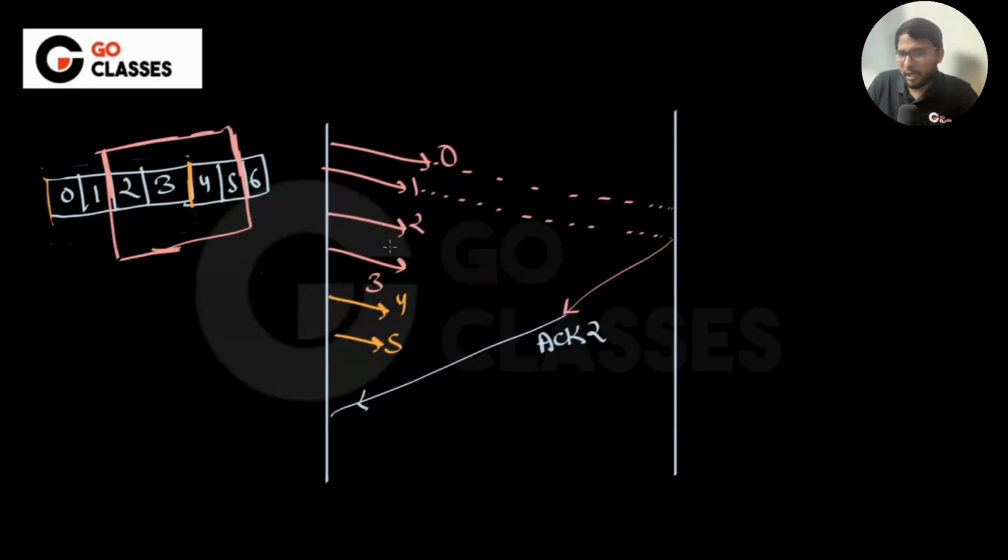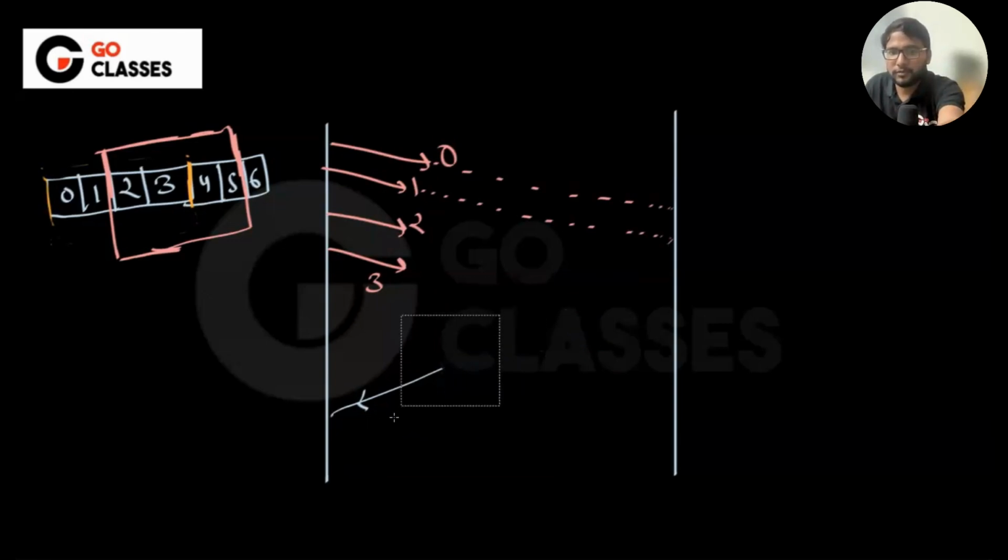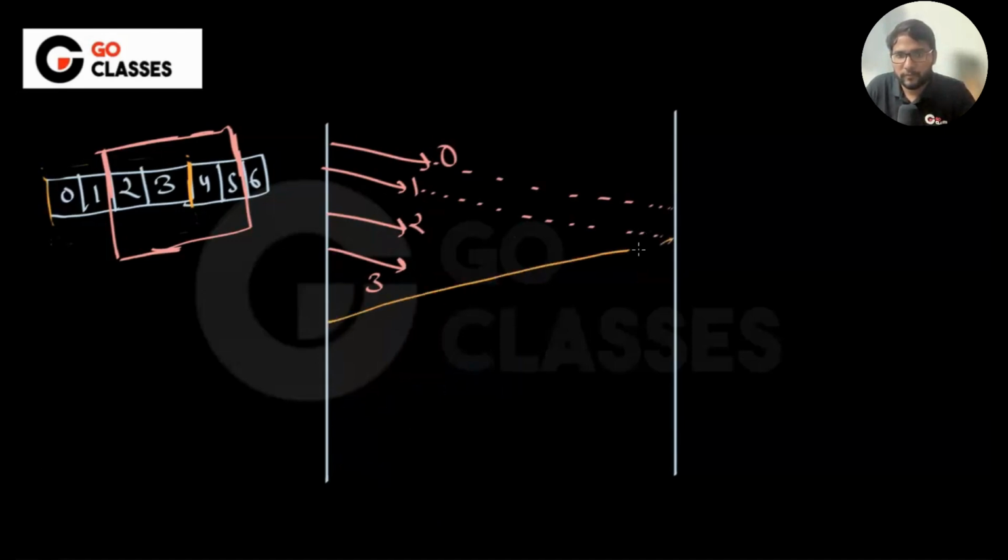Now, let me make the diagram a little shorter. So suppose this is ACK 2, and the moment I get the ACK 2, I will immediately send 4 and 5.